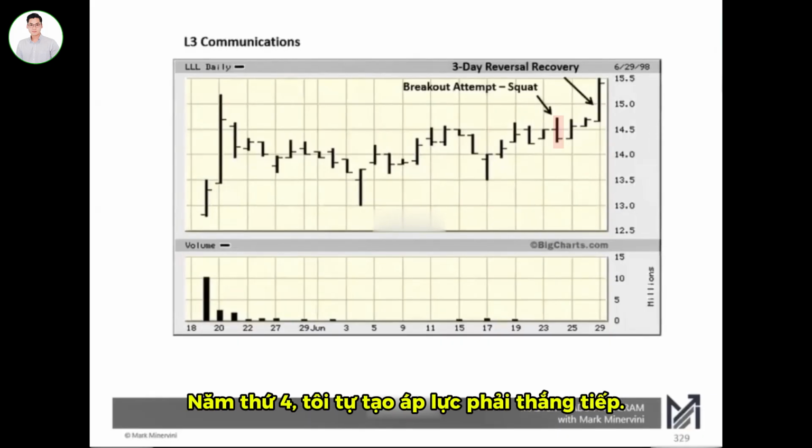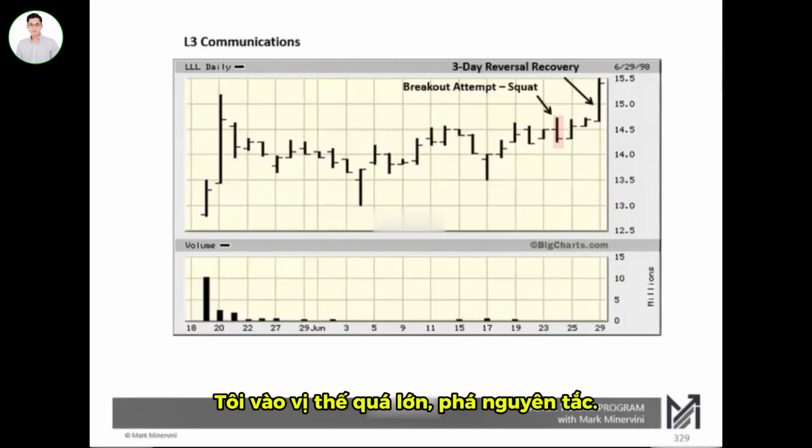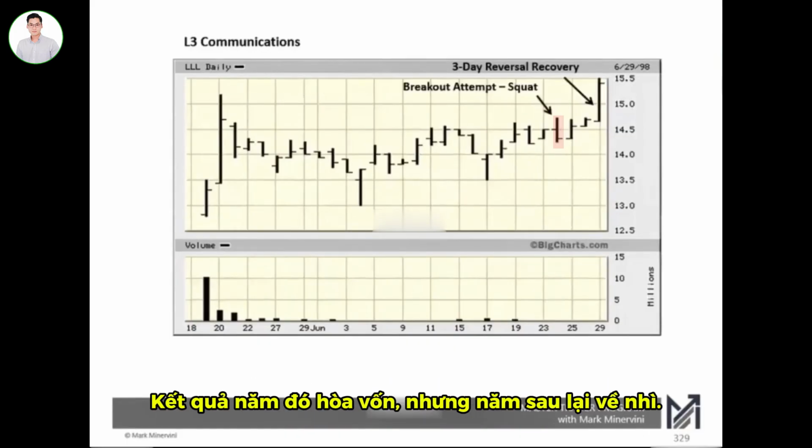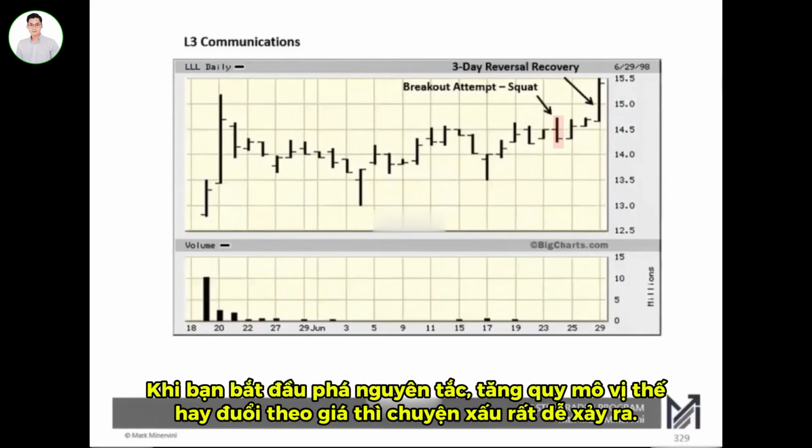The next year, the fourth year, I put so much pressure on winning again that I took too big a position size, and I was breaking the rules, and I was looking more at the results than actually doing the right thing in terms of buying the stock and adding to it correctly. And so I was actually flat the next year. But then I think the following year after that, I came in second. So if you start breaking rules and your position size goes up, or you're chasing stocks, then bad things can happen.